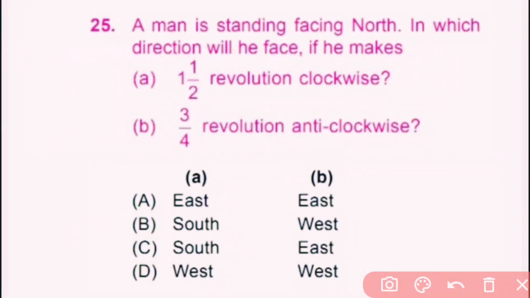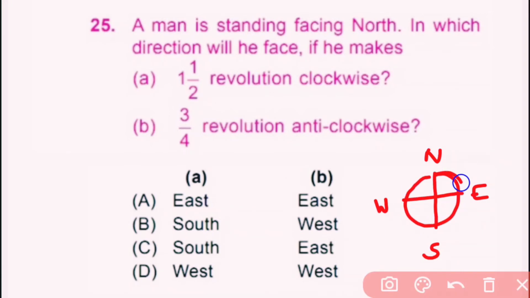Question number 25. A man is standing facing north. In which direction will he face if he makes option A, 1.5 revolutions clockwise, and option B, 3/4 revolution anti-clockwise? Now here this side is north, this south, this east and west. If he is facing north, then for 1.5 revolutions clockwise, a full revolution and again a half revolution, he will face south.